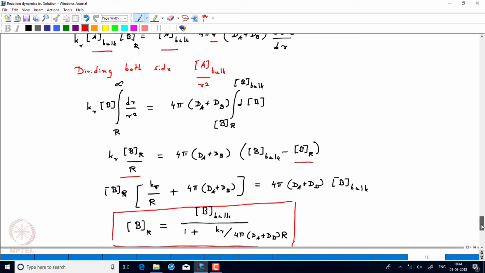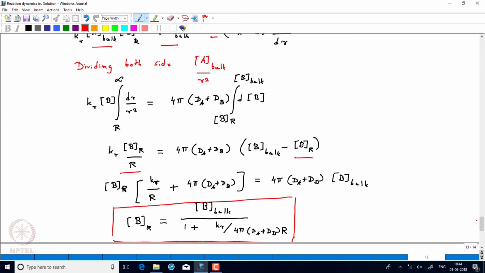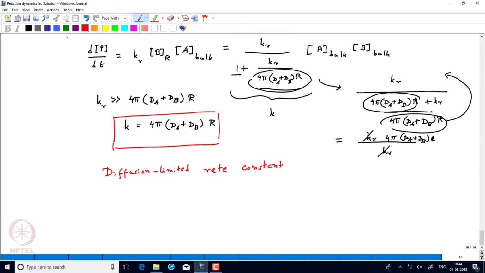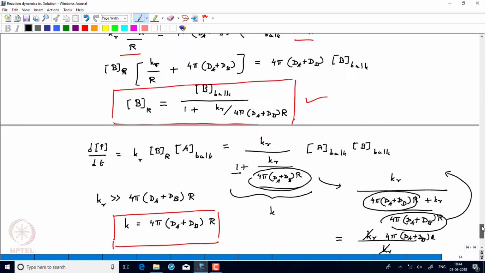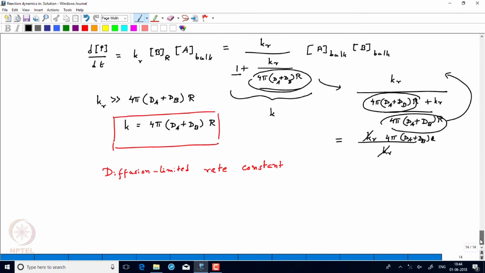Now the C1 you can easily figure out, because we have already got an expression for B at a position R. So from that you can work it out on your own. The expression for C1 that you should get is, let me rewrite the earlier equation once again.